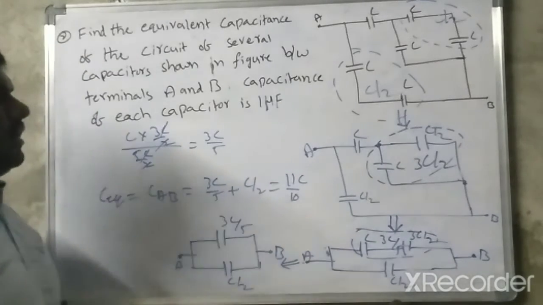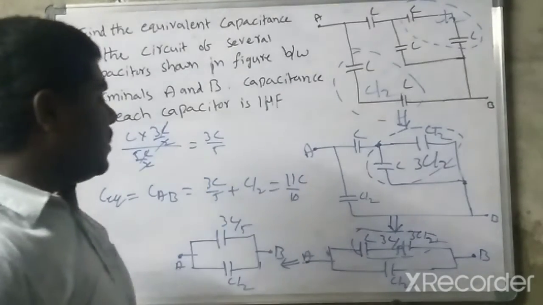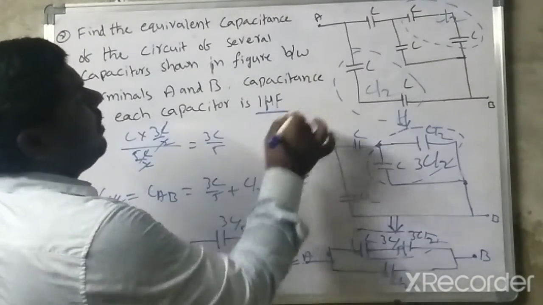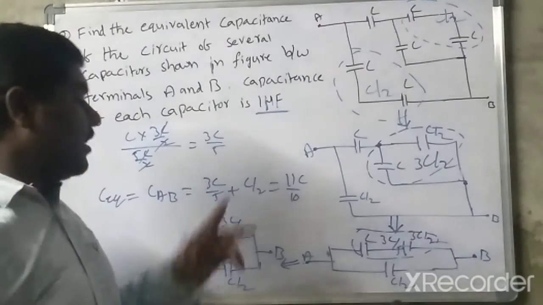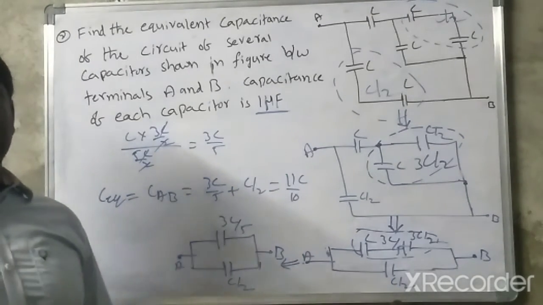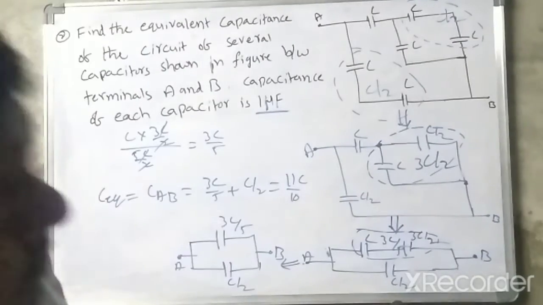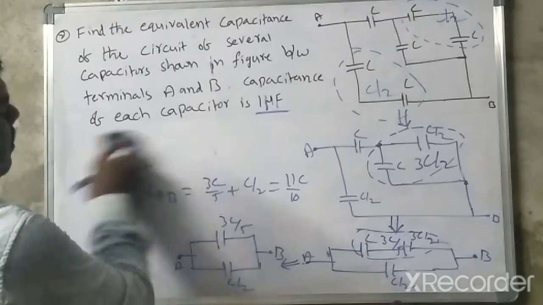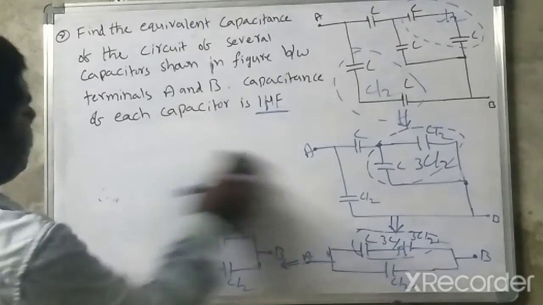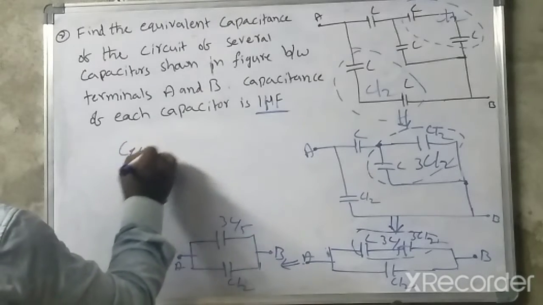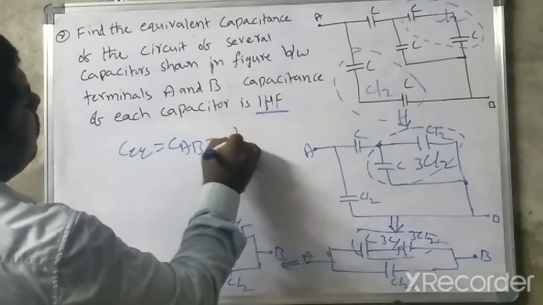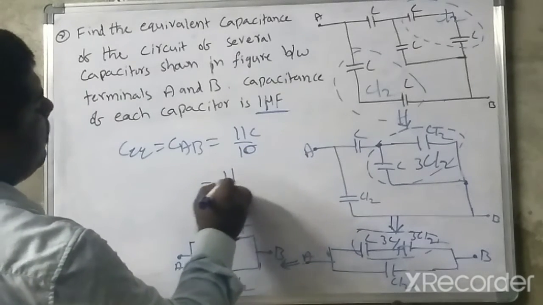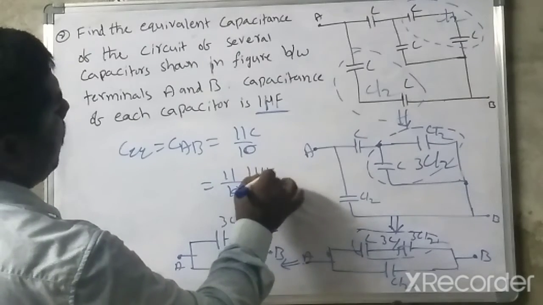So 11C by 10. The C value they have given is 1 microfarad, so substitute here. So C equivalent, CAB, is equal to 11C by 10, so 11 by 10 into 1 microfarad.